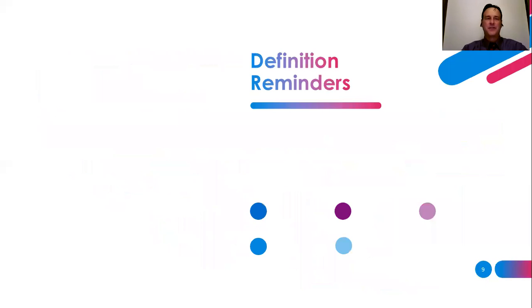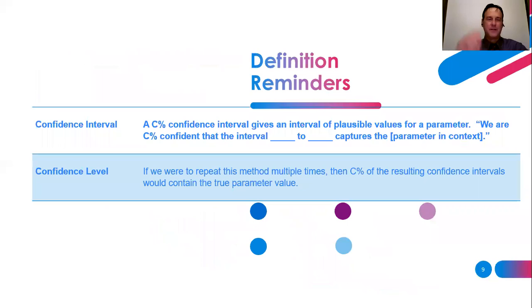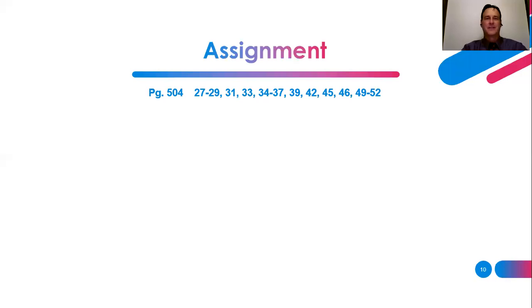Just a reminder of the definitions for a confidence interval and a confidence level. They may ask you some of those in the review, so have those handy if you need it. And there's your assignments. Again, remember, oftentimes they ask for point estimates and errors and values for Z, your critical values in the beginning problems, and then you'll probably have to do more confidence intervals as you move on.